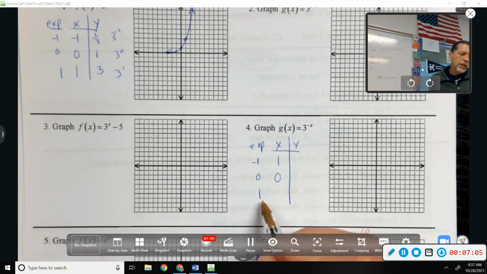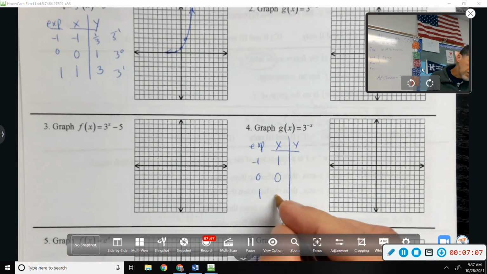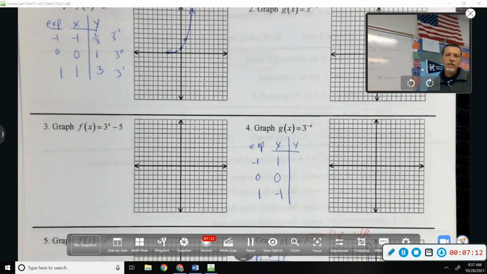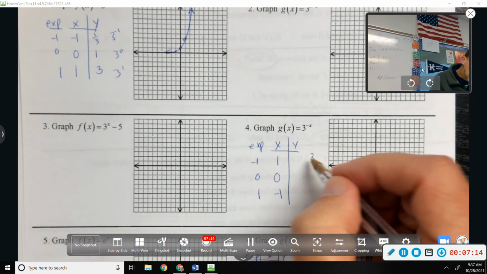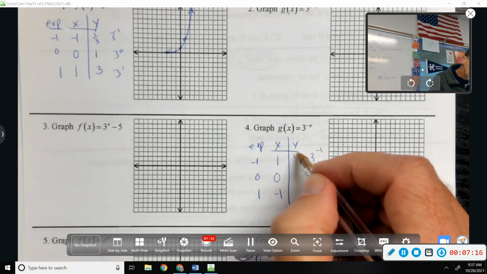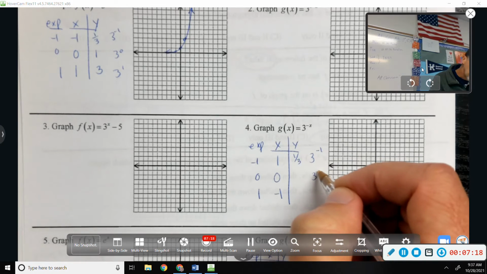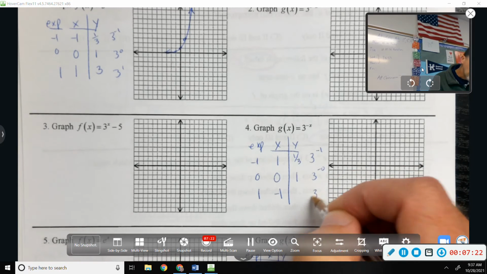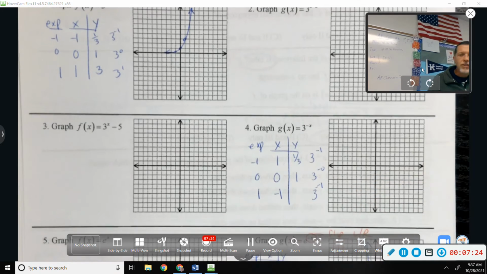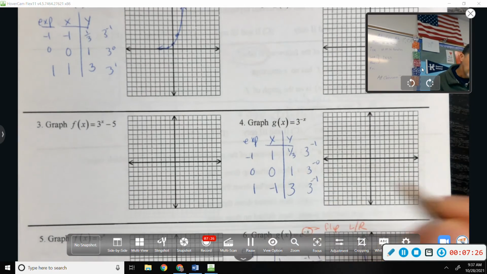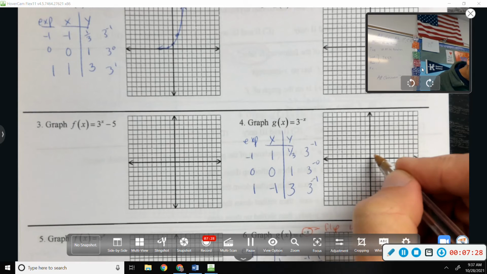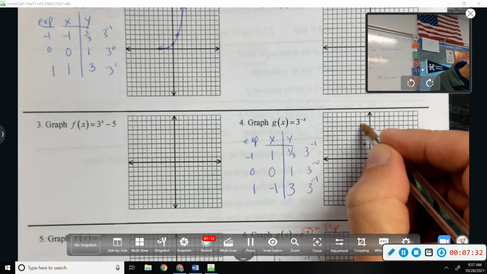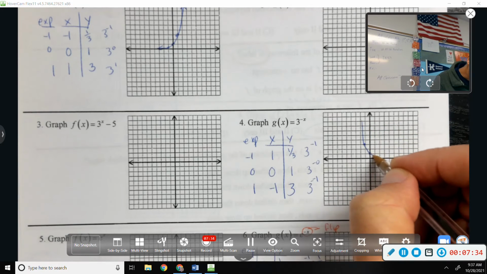And if I want my exponent to be +1, I want x to be -1. That way -1 becomes +1. So 3 to the -1 is 1/3. 3 to the 0 is 1. And 3 to the 1 is 3. So we plot those points, and sure enough, it looks like something's been flipped around.